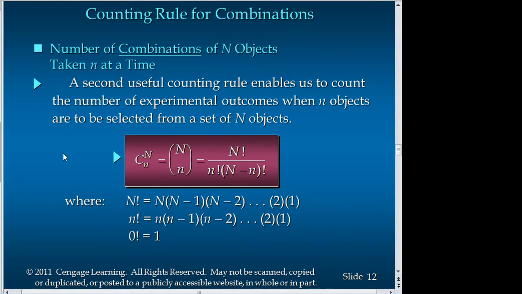Now let's talk about the counting rules. Everybody knows how to count: 1, 2, 3, 4, 5. But depending on the question and the situation, counting can be quite difficult.